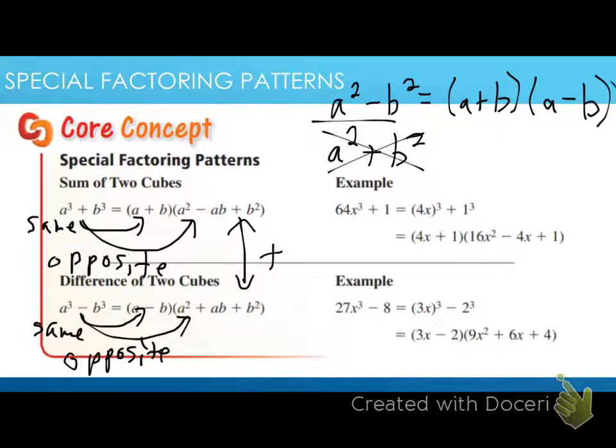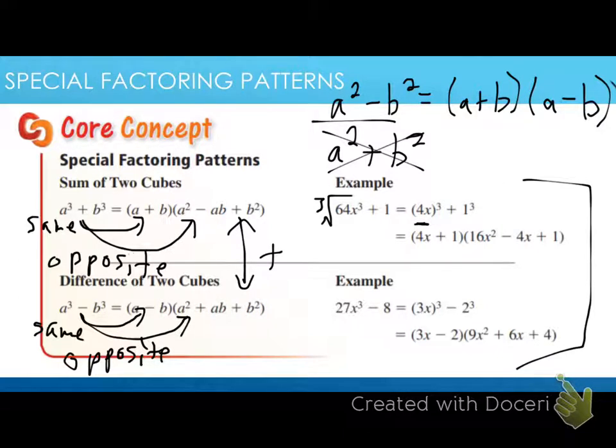So over here we have two examples. We have 64x cubed plus 1. So to get to our a value, they just took the cube root of 64x cubed to get 4x.